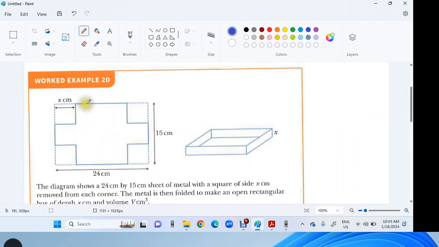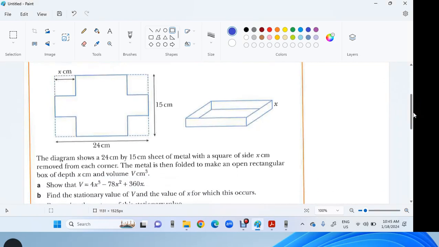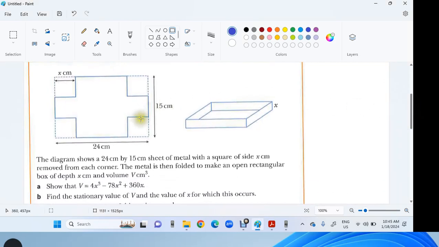Imagine that this is a 24 cm by 15 cm sheet of metal, and then a square of side x cm is removed from each corner.